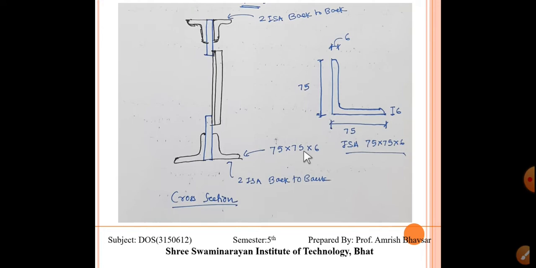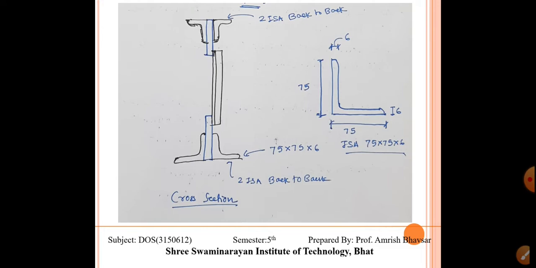What is an angle? You all have a steel table. In that steel table, we have a number of types of angle sections given with their sizes. So all of you must open this steel table and refer to the different kinds of angle sections, equal and unequal angles.